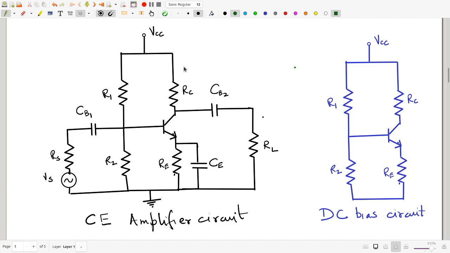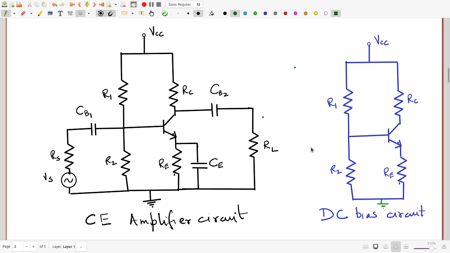These three capacitors CB1, CB2 and CE will basically behave like open circuits, which means they will detach the source and the load from the circuit, and also CE being an open circuit will just leave RE as a single thing that you have, and this essentially will be your DC bias circuit. This is the circuit which we analyzed in some detail in the last video.